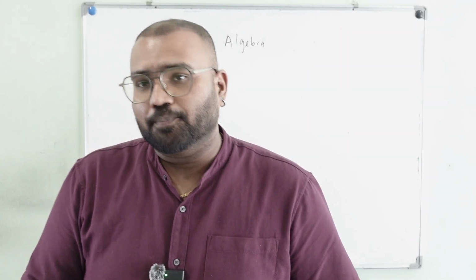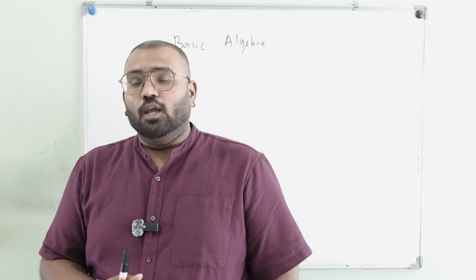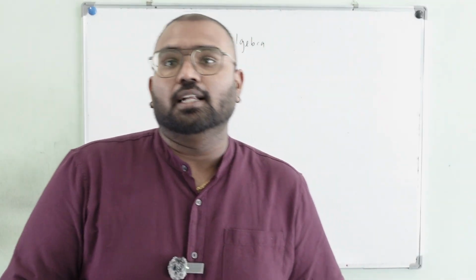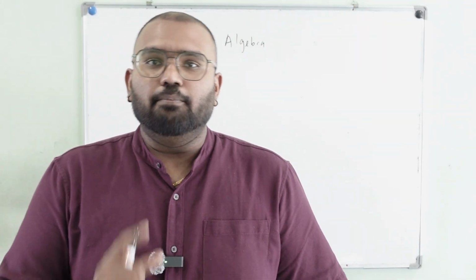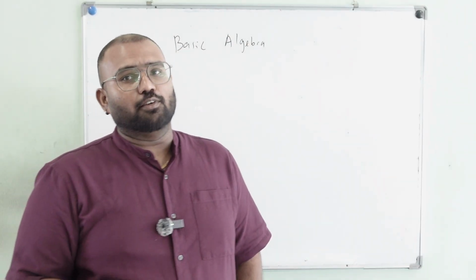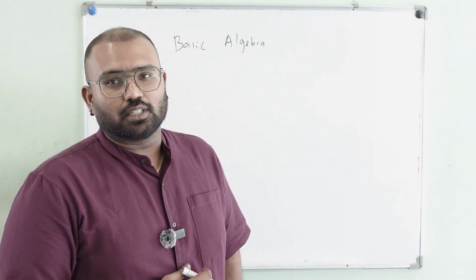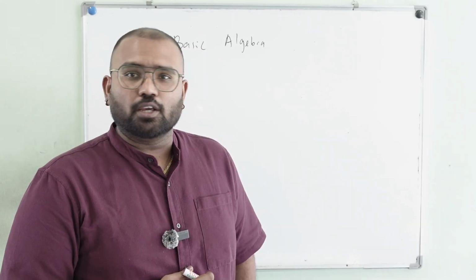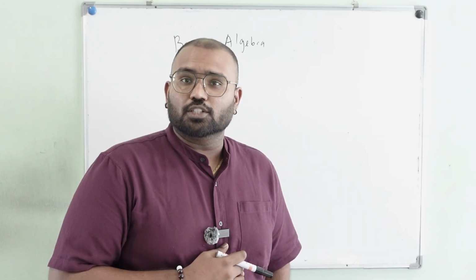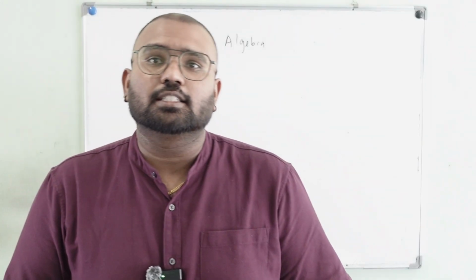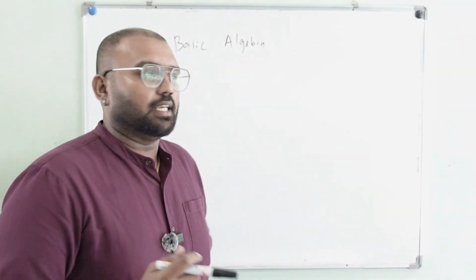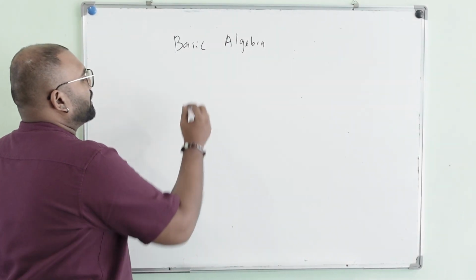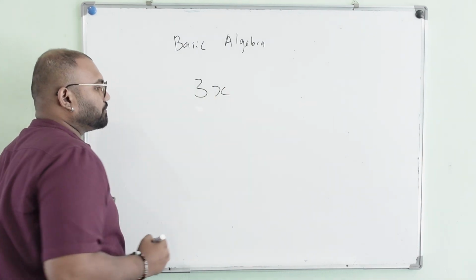Okay, so today we are going to see a few basic things about basic algebra. The first thing that we will learn today is the coefficient of x or p or anything. Coefficient, the word is coefficient. In Bahasa Melayu it is called pekali. Okay, let's see here. For example, we have the question 3x.